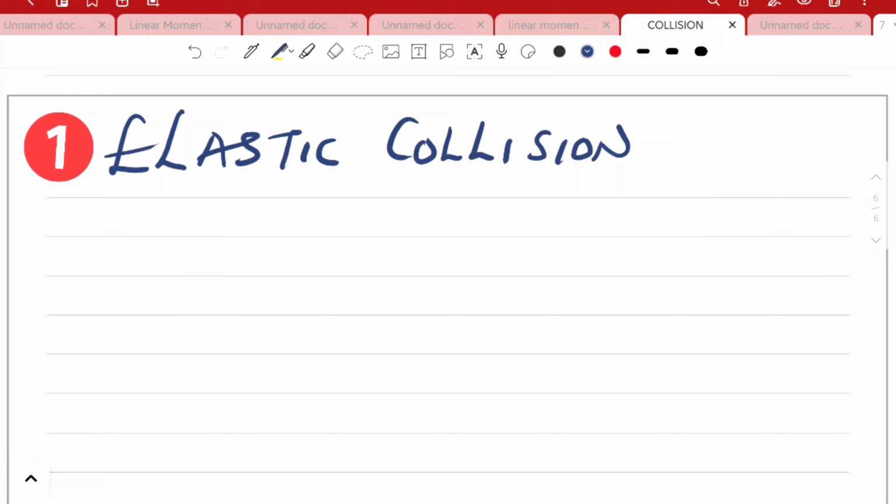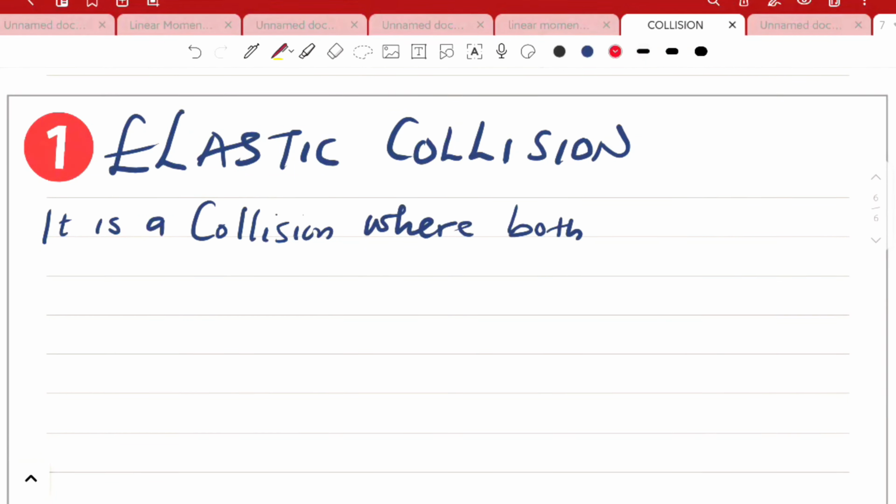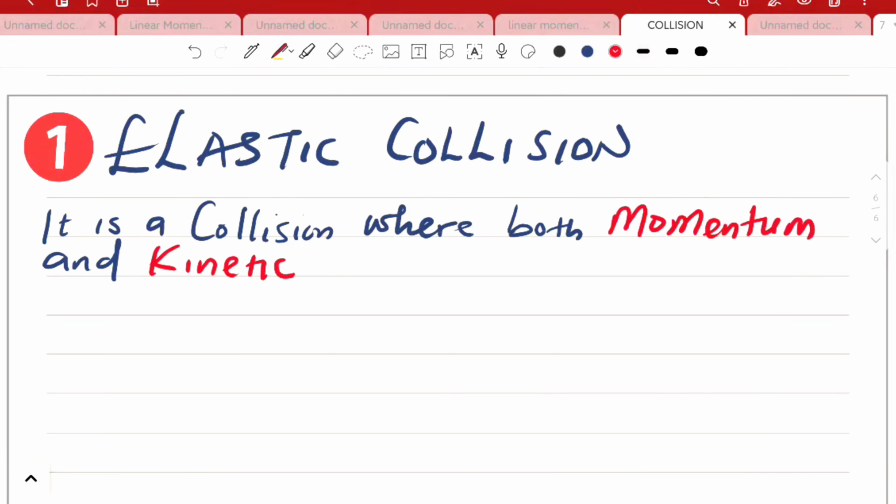In elastic collision, it is a collision where both the momentum and the kinetic energy are conserved. You can use the word preserved.